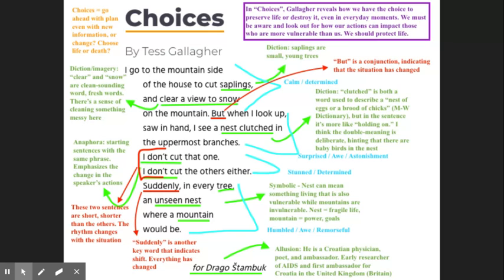We must be aware and look out for how our actions can impact those who are more vulnerable than us. We should protect life. Now, I can probably revise that a little bit, but that's where I'm seeing the theme. That's where I think the theme, the message that Tess Gallagher is saying about life and about the choices that we have in front of us.